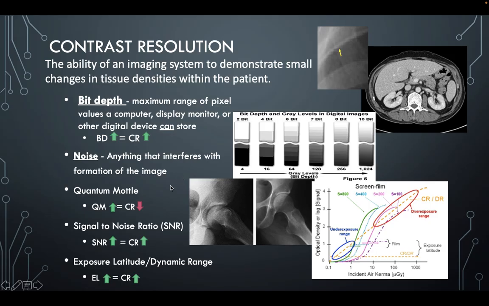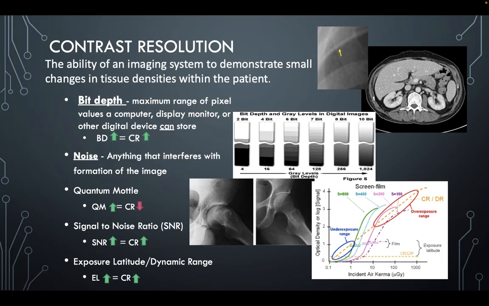Noise. Noise is anything that interferes with the formation of an image. That could be quantum mottle, or quantum noise, meaning I didn't have enough technique to display what I need to display. Noise could also be an artifact, and that can be caused by a myriad of different things.